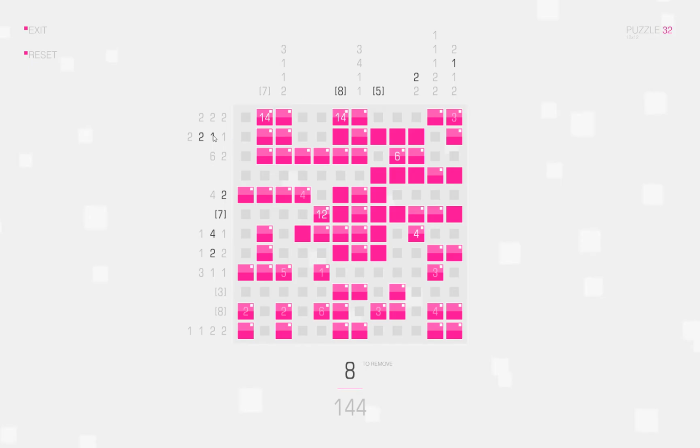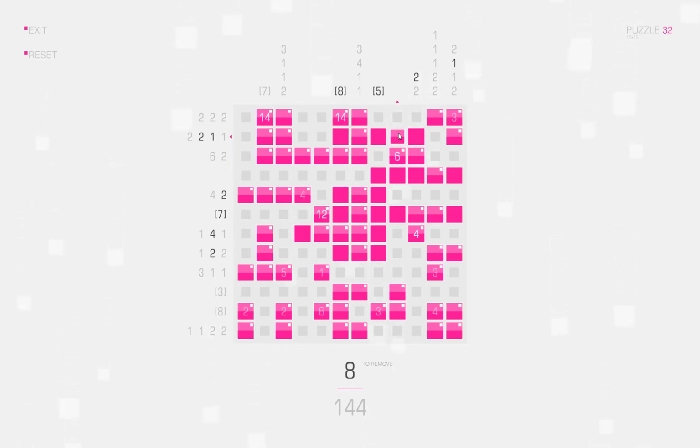And we know from this row that we need a 1 there or there. So we know that we need 1 here. So 1. And let's say we take this 1. Then we have a 1 here. And then this is a 2.